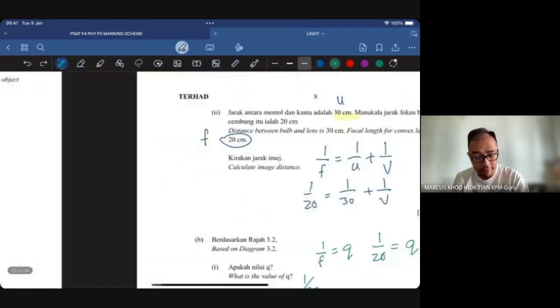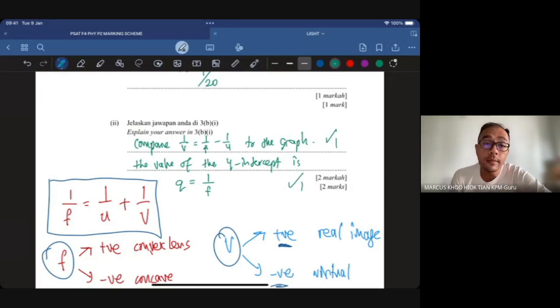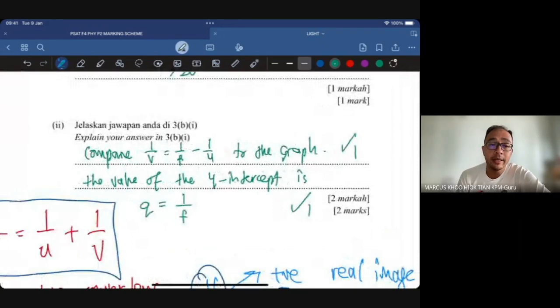It's 1 over F minus 1 over U, so the y-intercept is 1 over F. It's 1 mark. This is a slightly difficult question. Rarely do we see this, which is good that we covered this in a little while.